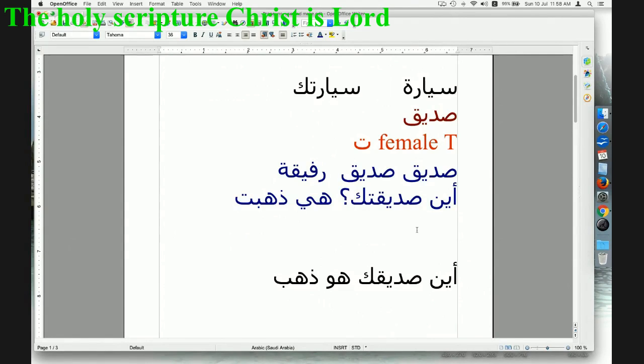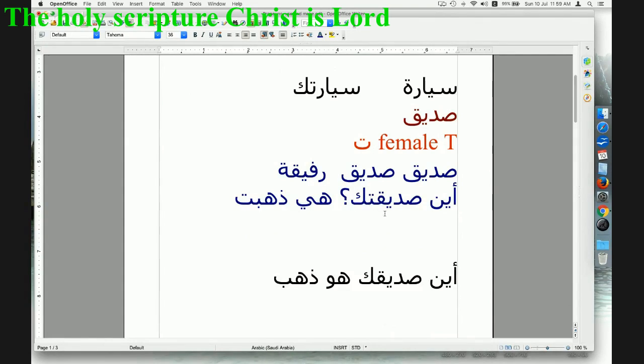Now, does the letter ka fit for he and she? We learned that Arabic always has he and she. So how do we know that the letter ka here is for female or for male? That's very simple. The letter ka will not be affected by the male or the female. It doesn't matter really if it's for male or female.